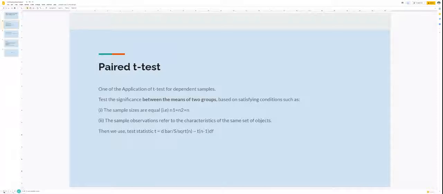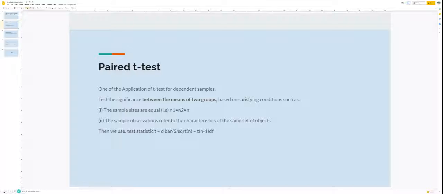And the second condition is that they should come from the same set of objects. If sample one has 30 people, the same 30 people should be there in sample 2.